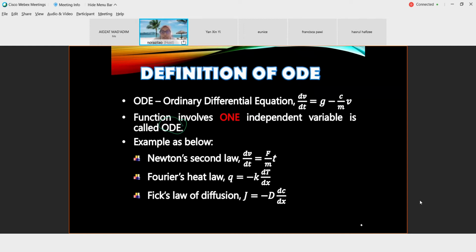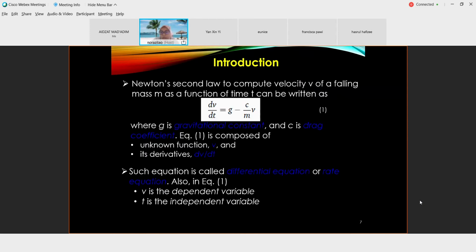When the parameter affects the dependent variable at 2 or more points, that is BVP. If only one, IVP. Examples of ODE are Newton's second law, Fourier's law, Fick's law of diffusion, and so on. Newton's second law we use to compute the velocity of a falling mass m as a function of time.